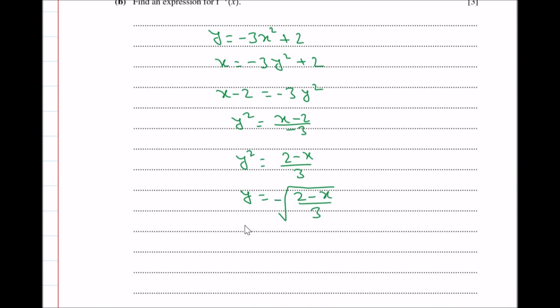So this is minus. And the final answer we'll write in terms of f inverse x. So replace y as f inverse x equal to minus square root of 2 minus x by 3. This is our answer.